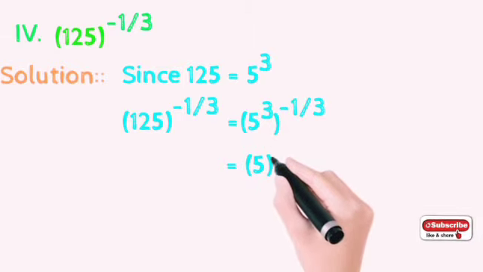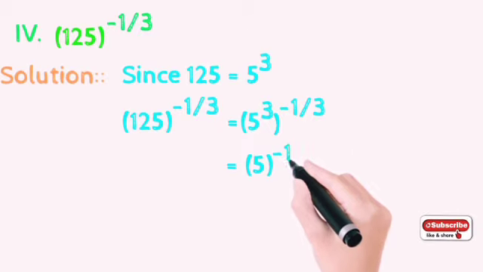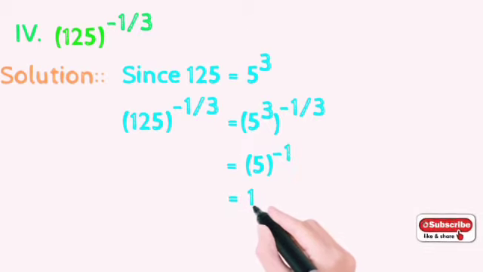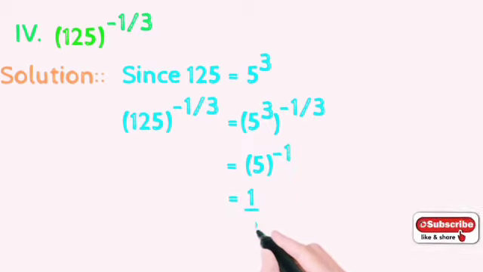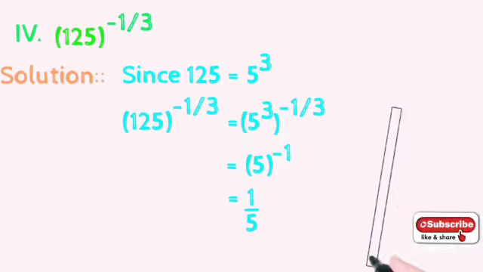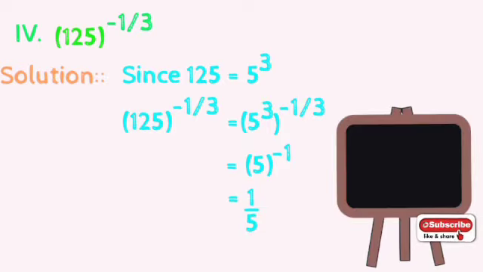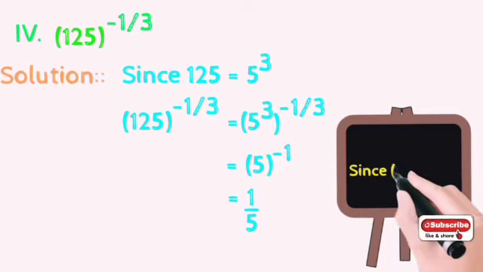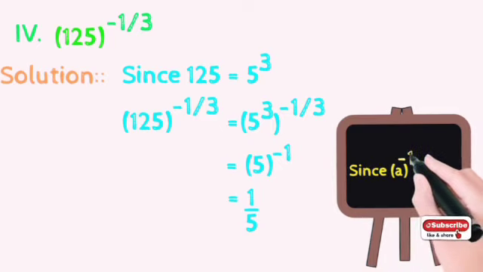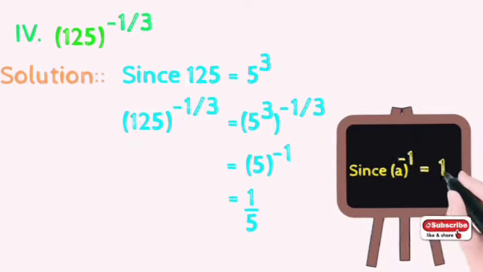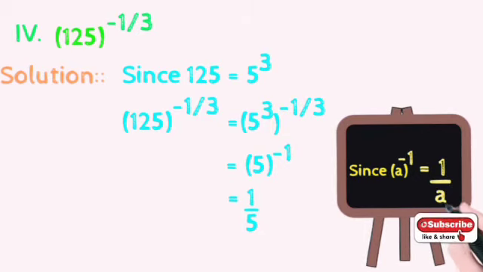So the answer is 5 to the power minus 1, and that is 1 by 5. Now again remember which identity we are using over here, the one we have studied in the laws of exponents. One of the laws says a to the power minus m is 1 upon a to the power m.